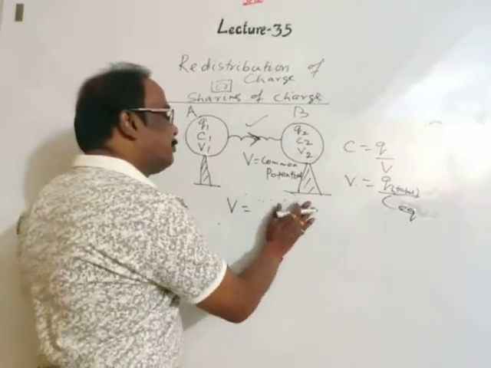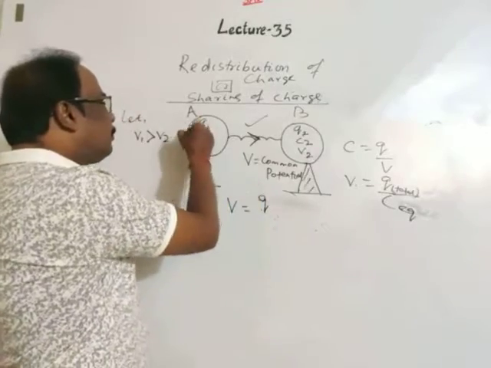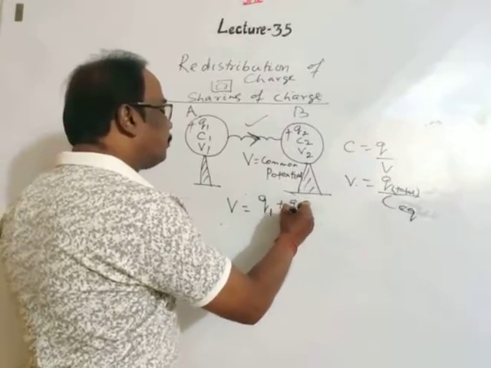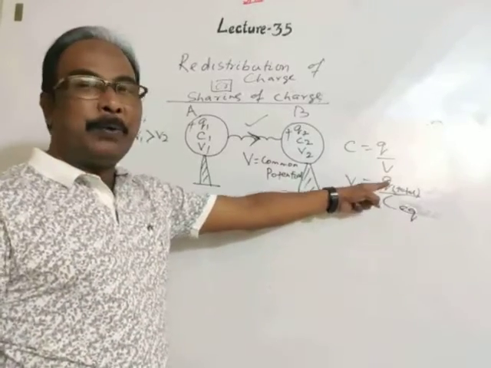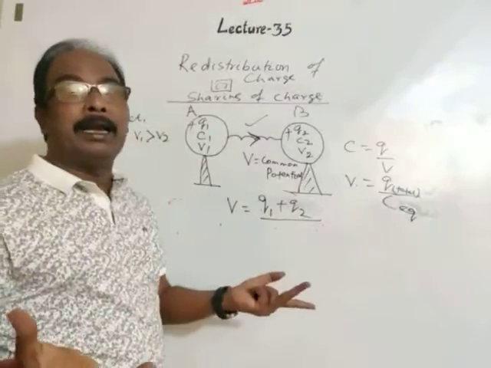Then total charge: Q1 and Q2. We have taken both the charges positive. So the total charge Q total is Q1 plus Q2. And then the total capacitance or equivalent capacitance.